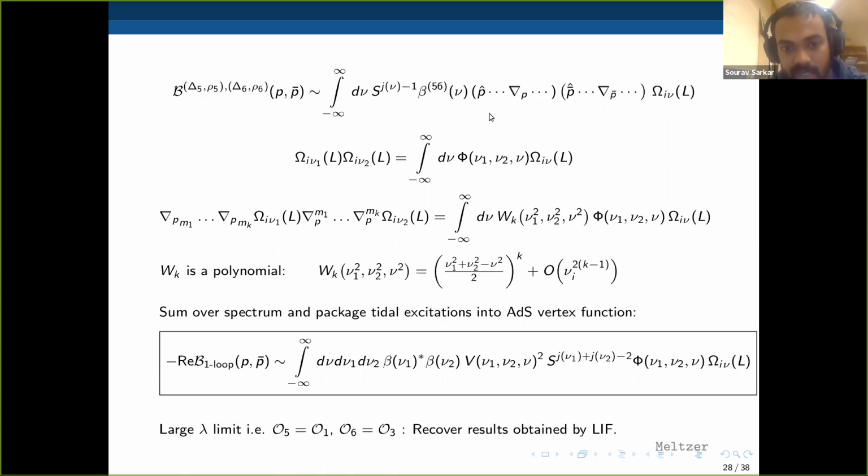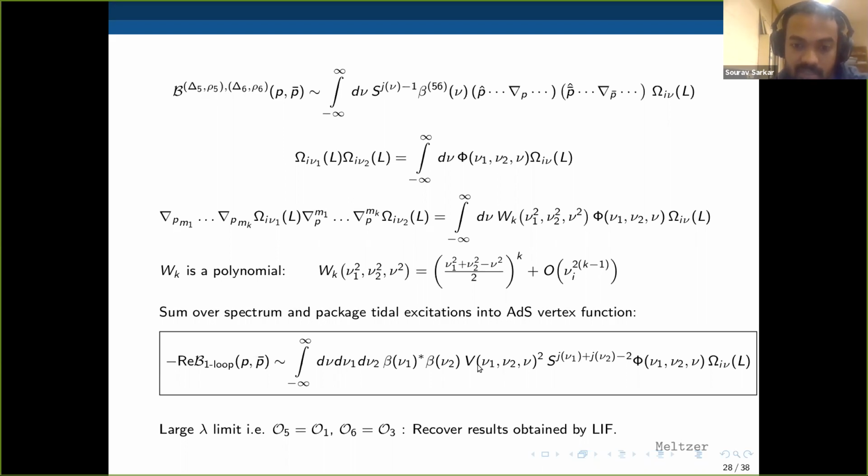And now we can plug it back, and when we sum over the spectrum, we define the result to have this form. So we have some beta of spinning ones, and then we have the w_k, and then two betas actually. And then when we sum over, we propose that it has the following form, a product of the two scalar betas times a V, which takes care of all the spinning contributions.